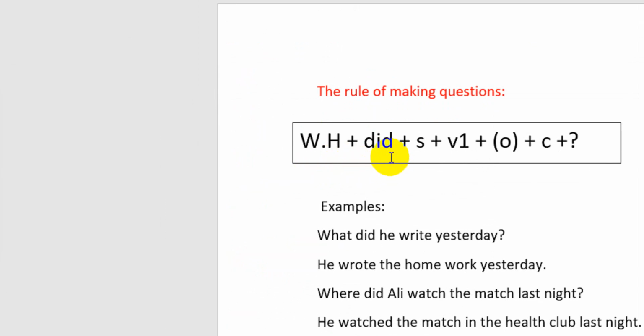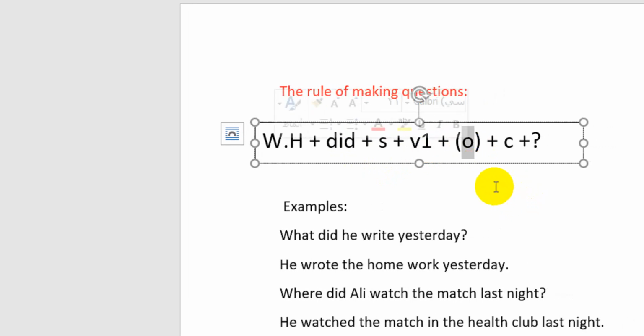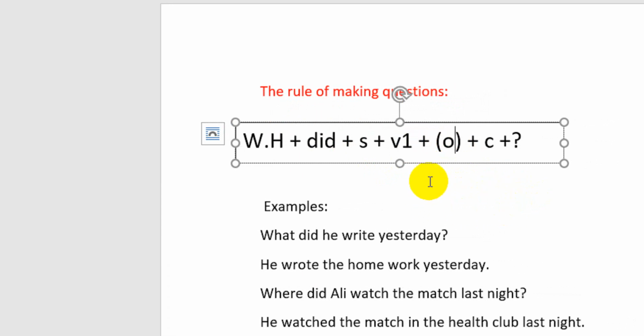WH plus did plus subject verb 1 object into practice plus complement plus question mark. why we put here the object into practice؟ لماذا وضعنا الأوبجكت في بين قوسين؟ السبب لا نستخدم أو لا نضع المفعول به في سؤال WH بشكل كامل إلا في حالات، تمام، سنلاحظها الآن إن شاء الله تعالى في الأمثلة.